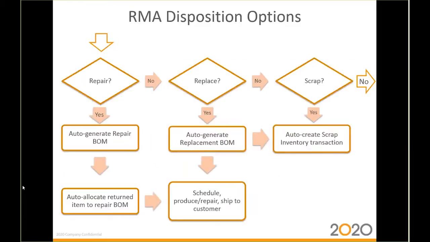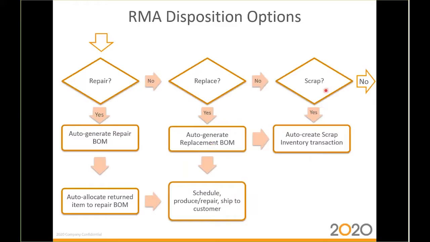There are 4 possible dispositions for an RMA. If I choose repair, the system will take that order line, advance its status, and auto-generate what we call a repair bill of material. And I'll explain a little more about that in a second. If I choose replace, the system will auto-generate a replacement bill of material.